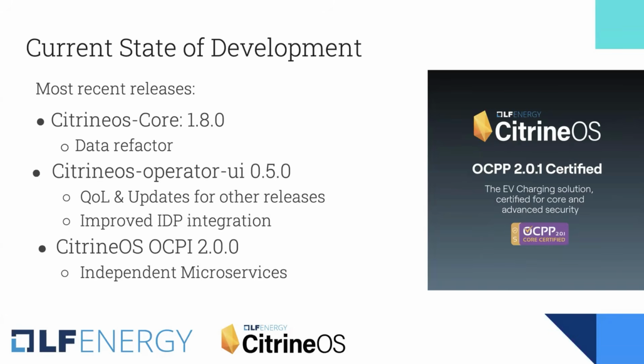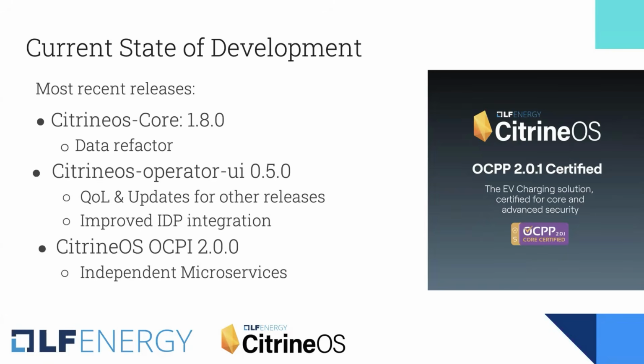As the application has grown to include additional protocols, including older versions of OCPP, such as 1.6, and now, as of this most recent release, also OCPI 2.2.1, it's become more important that the data we store is not tied to any one particular protocol. So that was the goal of the refactor there in this most recent release.